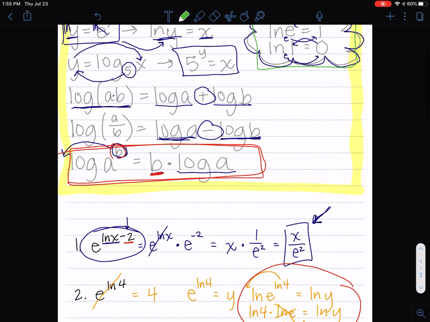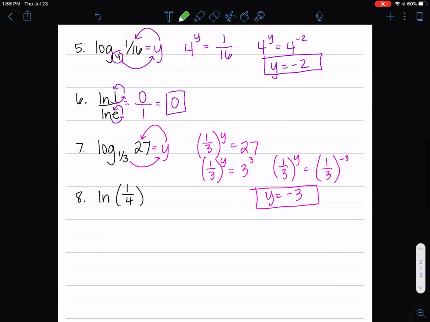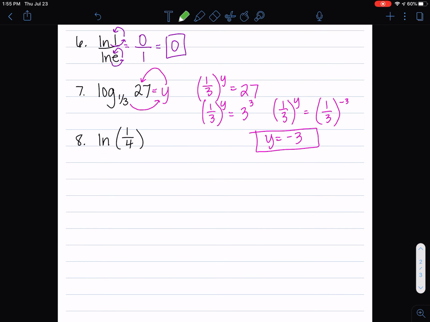Now, if I go up here, I have another property I think I might be able to use. I can break apart log of a over b, which has to be equal to log of a minus log of b. So let's try that. If I do natural log of 1 minus natural log of 4, well, do I know anything there?